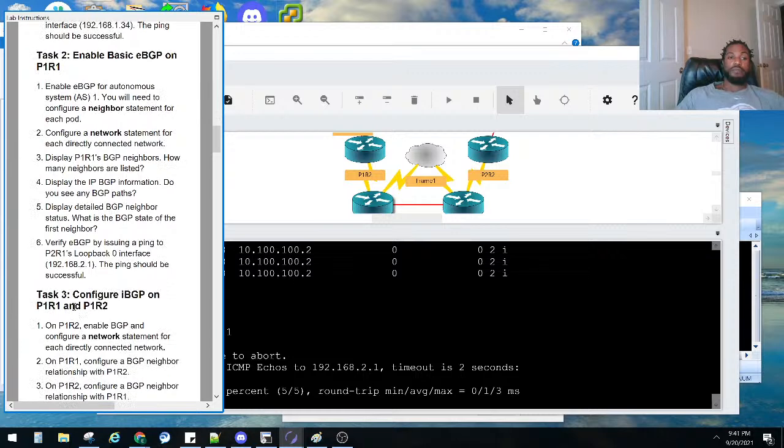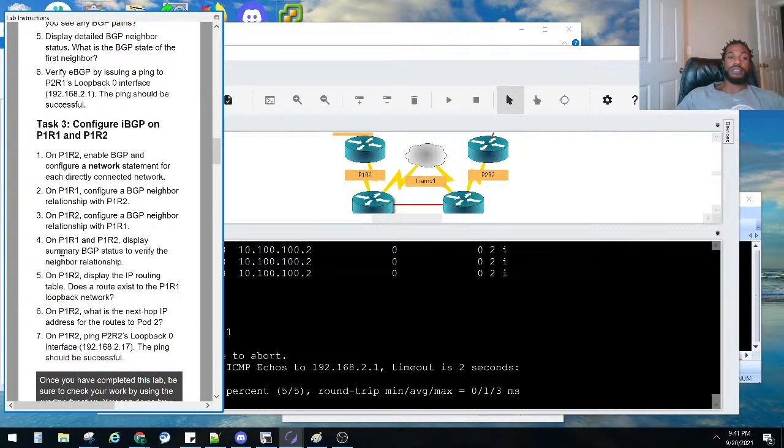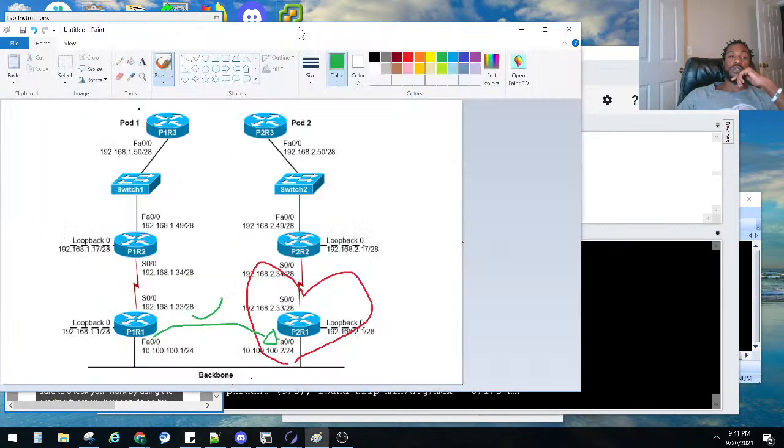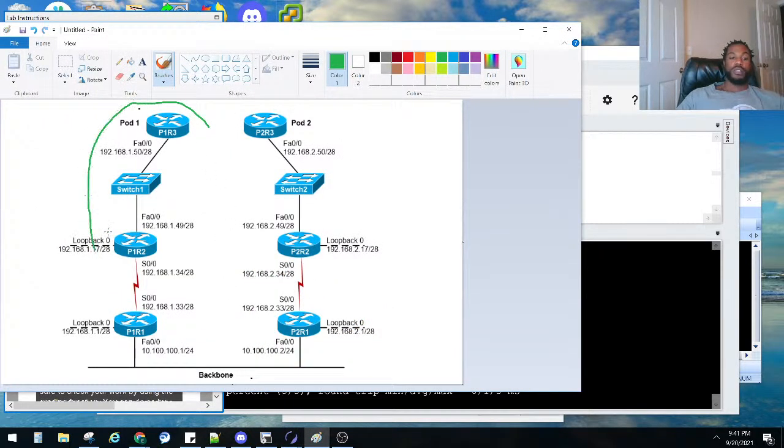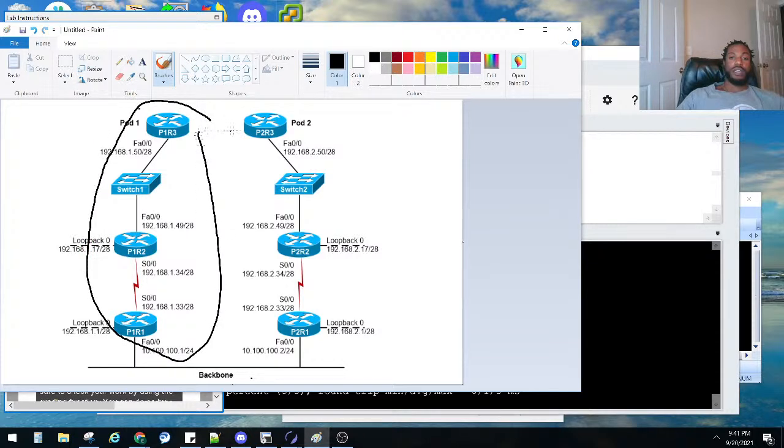Where are we at now? Task 3. So we got 7 subtasks, and we should be able to wrap this up. Configure iBGP on P1R1 and P1R2. So now we're going to do internal, right? Remember we did external between, let's pick a different color. This was pod 1, and this is pod 2. We already set up external BGP between these two, so I'll put an E there.